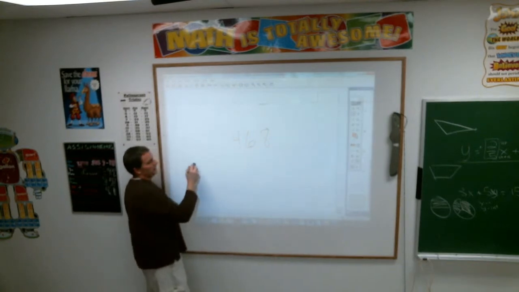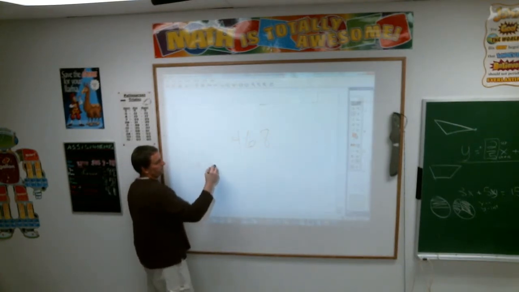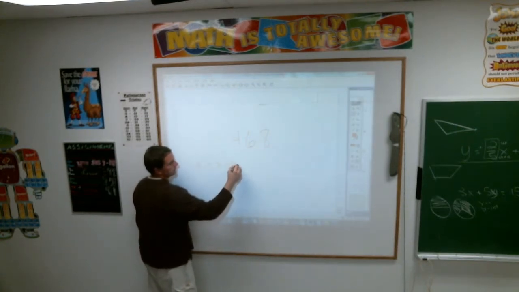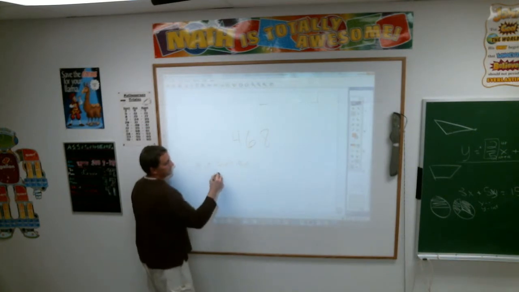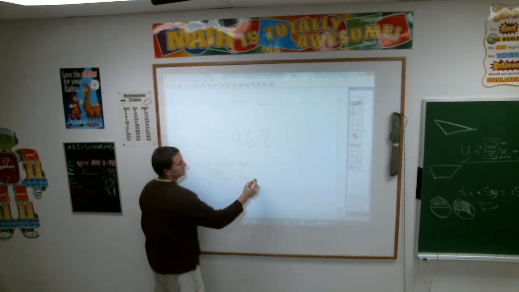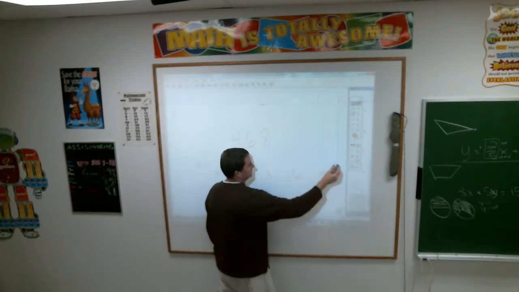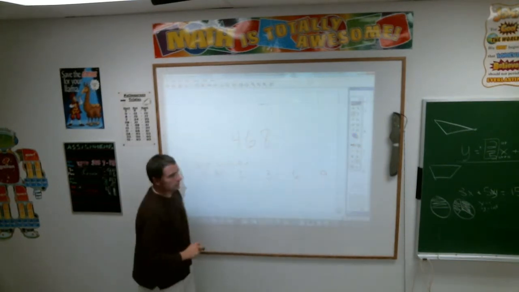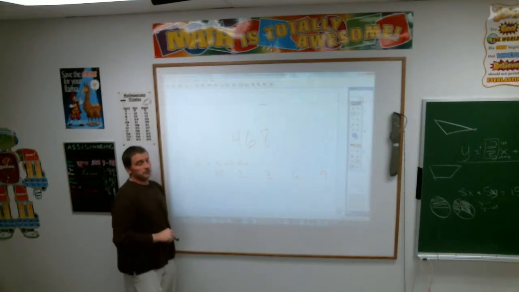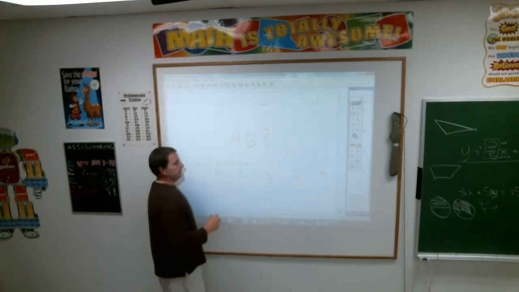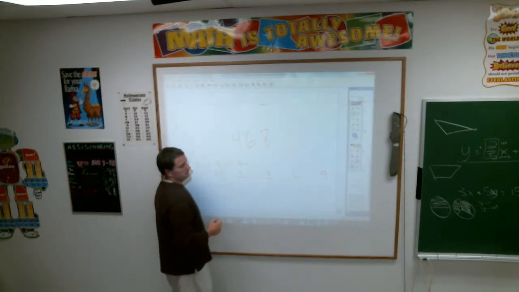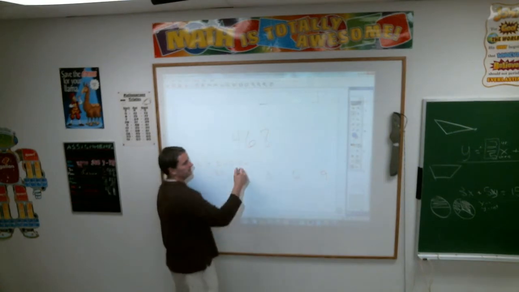Okay. Is it divisible by 2, 3, 6, 9? Let's do it first of all. Is 468 divisible by 2, Emily? No. I mean, yes. It's even, so yes, divisible by 2.